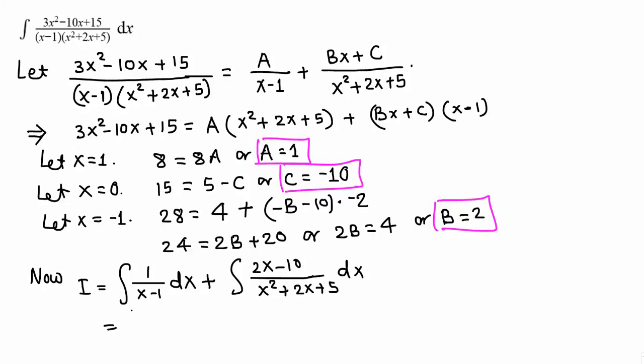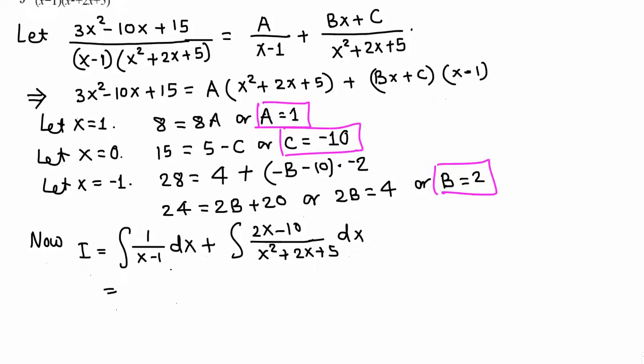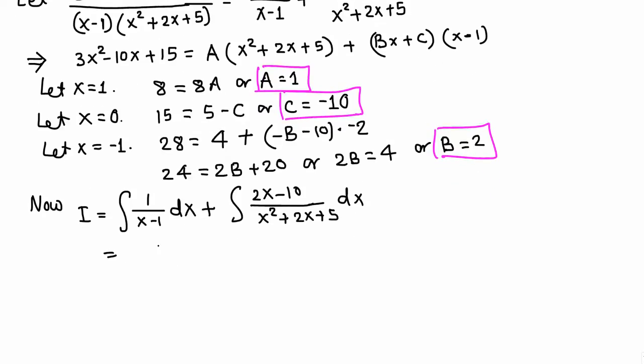Okay, this first part is easy because the top is the derivative of the bottom, so the antiderivative is natural log of the bottom. Plus, for this there are several ways, so let me show you two methods for just this part. Let's look at this carefully.